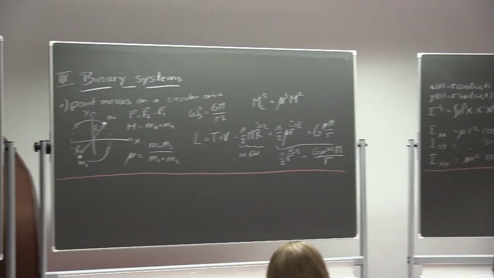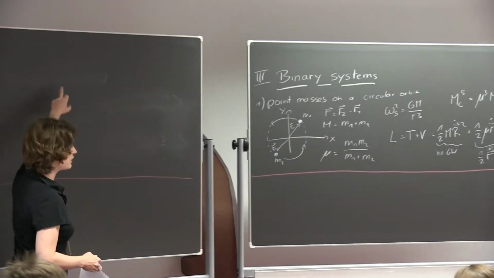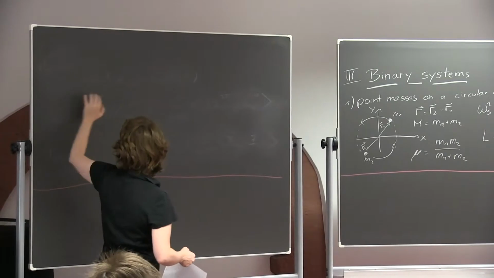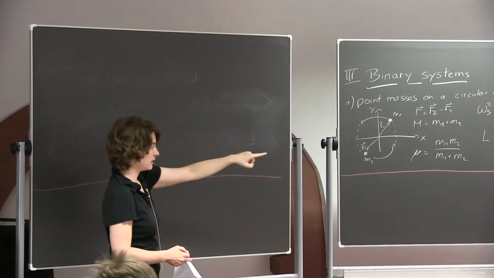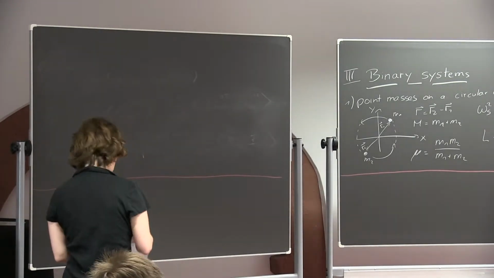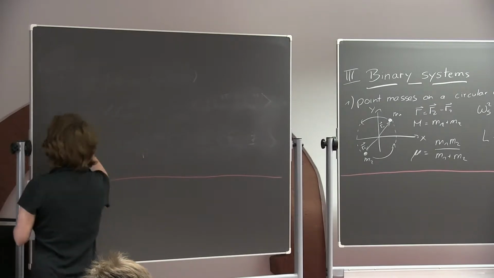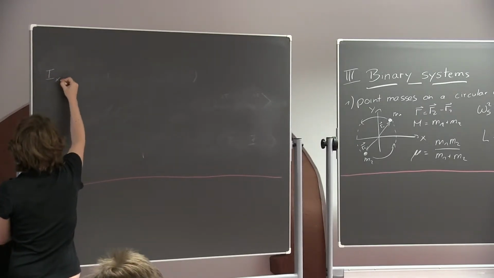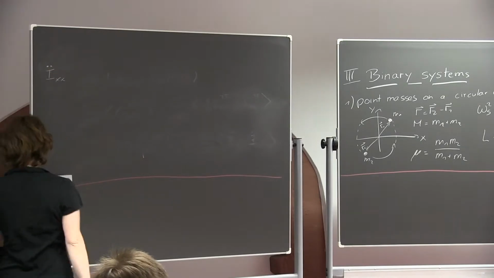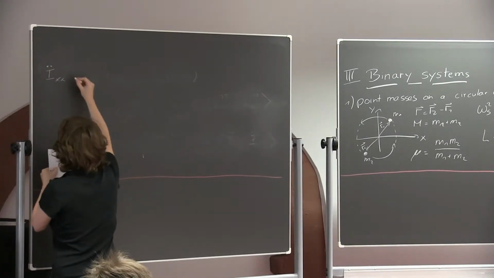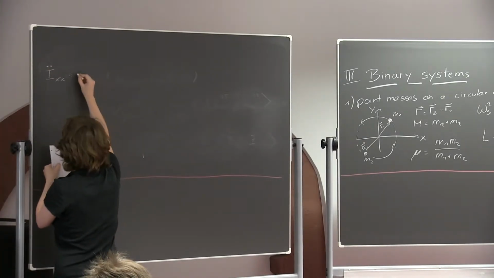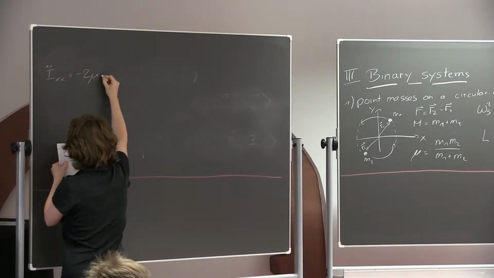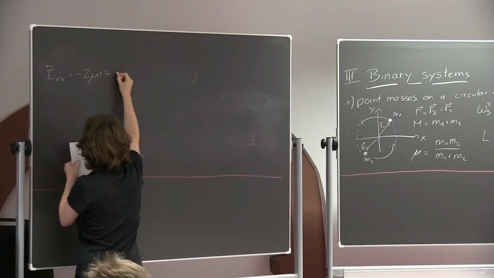Now, in the formula I just erased, in order to get the gravitational wave, we need the second time derivative of this object. So let's look at I xx and take the second derivative. That just brings down two powers of omega and a minus sign.